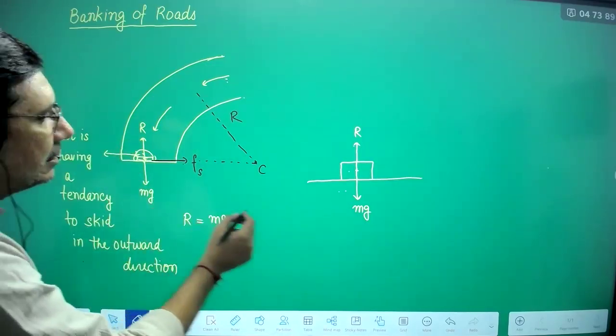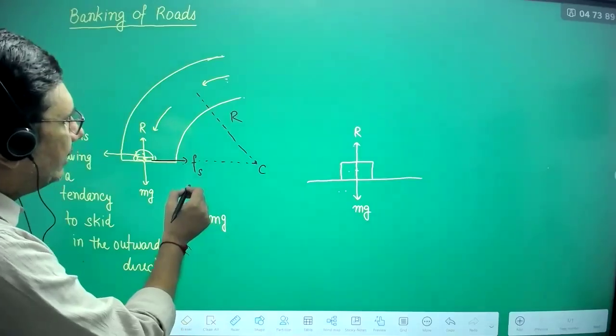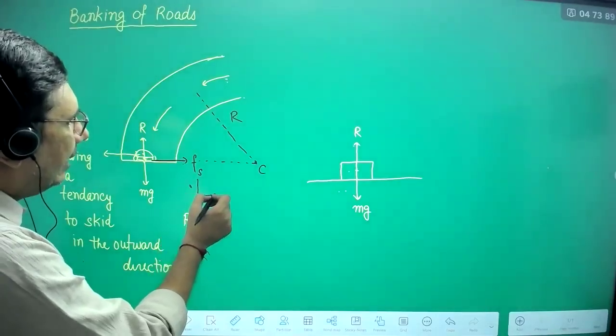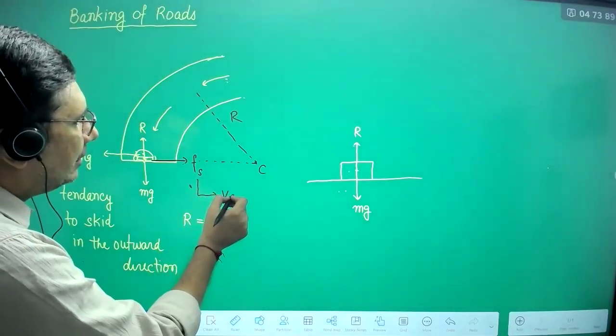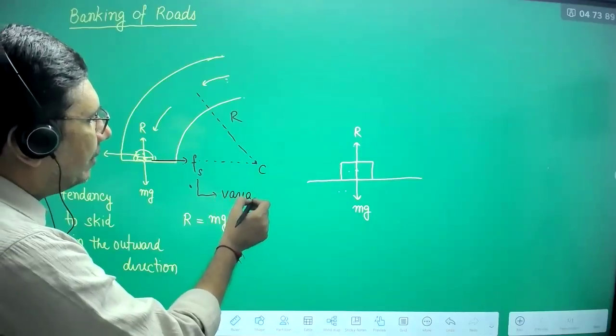But you know this static friction force is variable. You are aware that this static friction force is variable or self-adjusting.